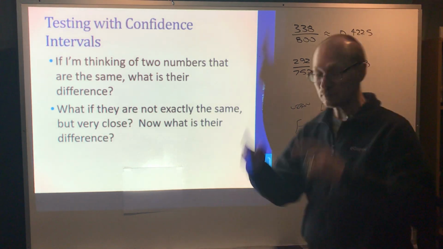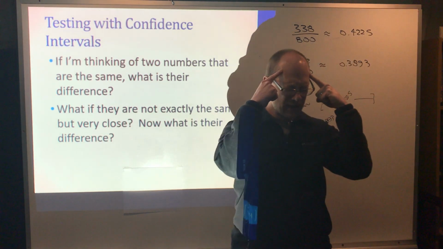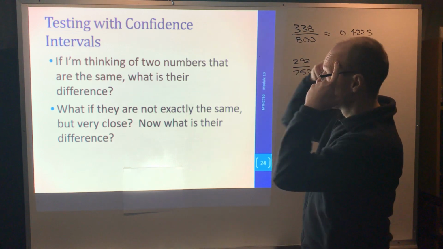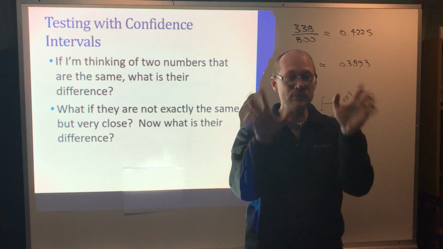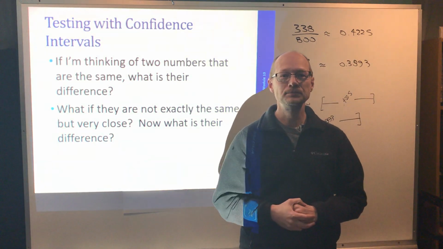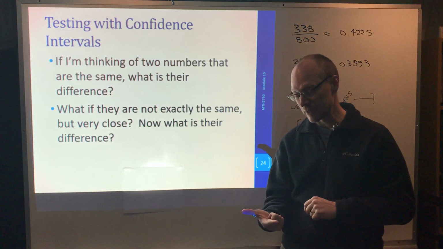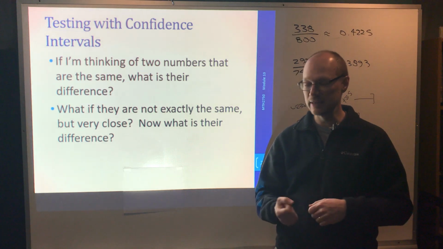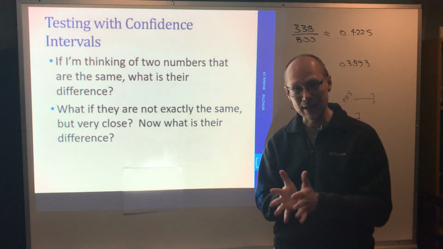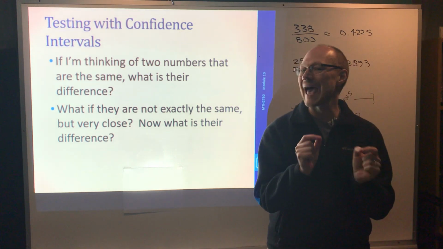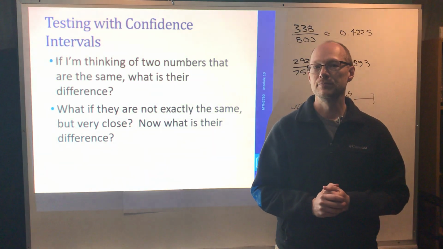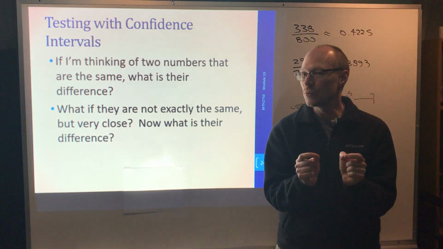Okay, so I'm thinking of two numbers that are the same. Subtract them, what do you get? 0, right? If I'm thinking of 5 and 5, when I subtract them, I get 0. If I'm thinking of 9 and 9, subtract them, I get 0. What if they're not exactly the same? What if they're really close to the same?